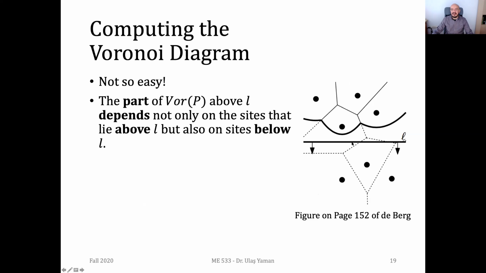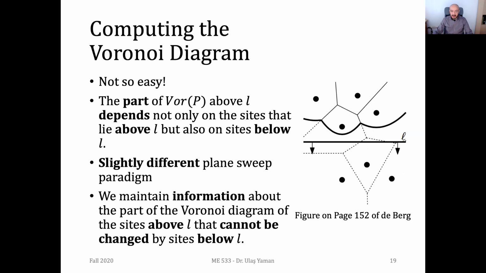So this is a new thing if you compare with other sweeping line algorithms. The sites underneath this line are also contributing to the Voronoi diagram, which we have computed before. So this is an important issue regarding this algorithm.